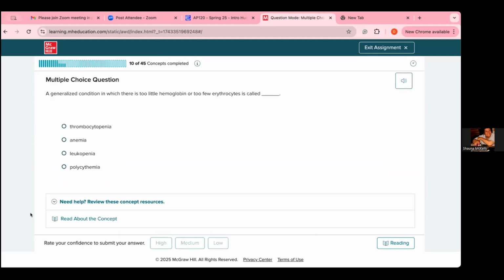Yeah. A generalized condition in which there's too little hemoglobin or too few erythrocytes is called, I think that's anemia. We can read about it, but I'm pretty sure that's anemia there.